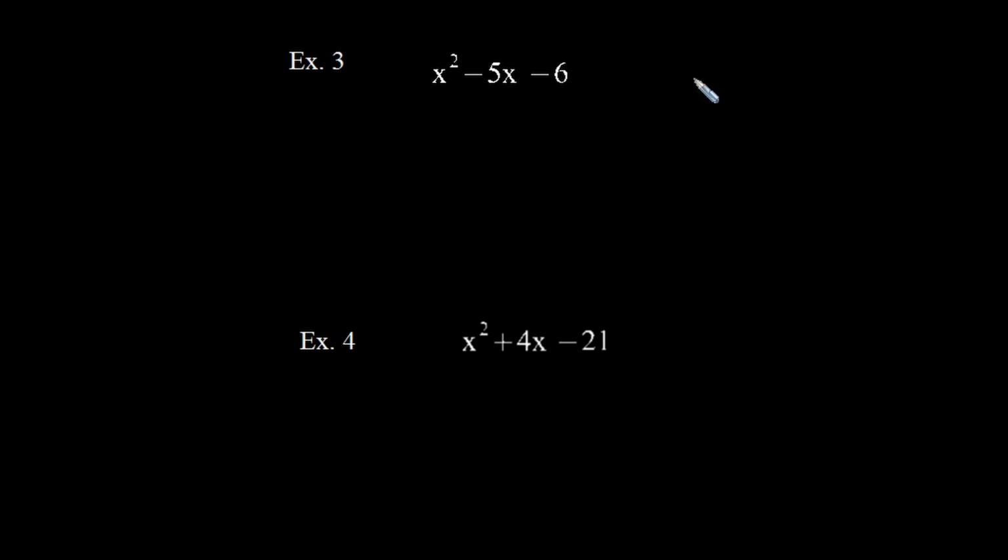All right, example 3. We have a quadratic in standard form. If it's not in standard form, you want to manipulate that around and rearrange the terms so that it is in standard form, so your easily identifiable values of a, b, and c show up. And we have 1 times negative 6, which is negative 6. And we drop the negative 5 down here in the bottom quadrant.